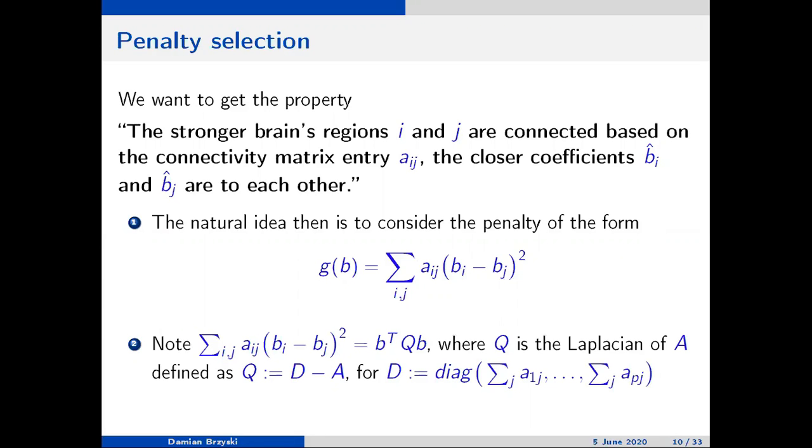Okay. And it turns out, and this was very helpful for us, that you can describe that in a nice matrix form. So the whole summation here, you can just write as B transpose QB, where Q here is the Laplacian of A, and the Laplacian is very easily derived from the matrix.